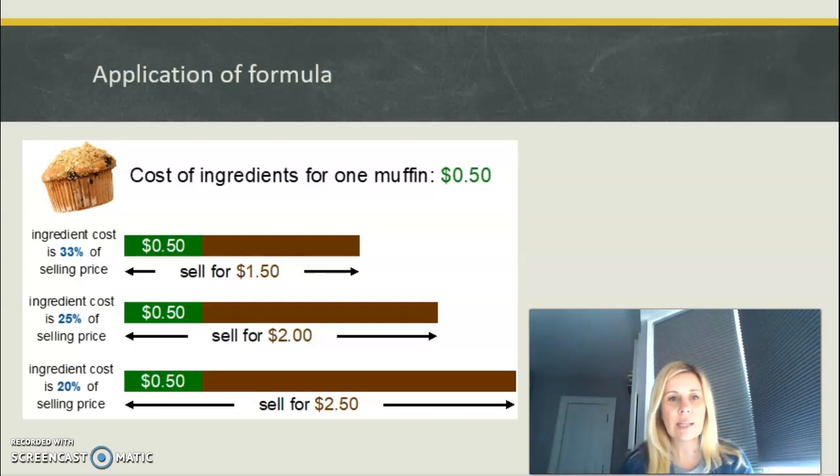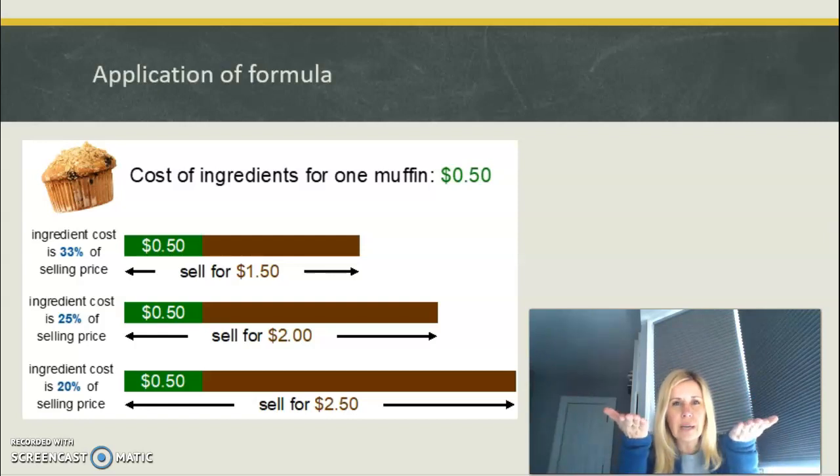So let's say we know this muffin costs us 50 cents. At first blush, what would happen if we sell it for $1.50? Well, take your calculator out and put 50 cents divided by 150, which gives you a food cost percent of 33%. We're going to say that's not too good, because I know that baking and pastry food cost percentages should be lower.